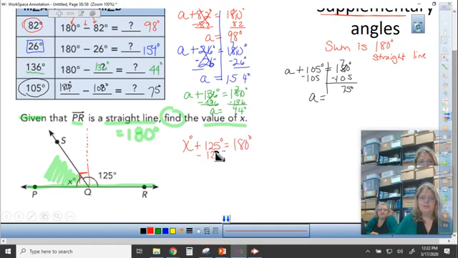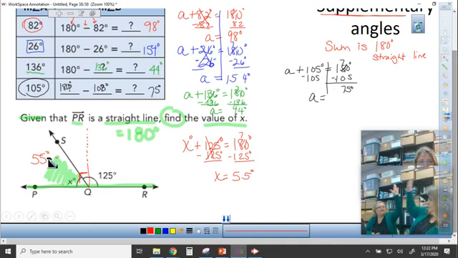I subtract 125 from both sides, and when I do that, I end up with 55 degrees. Mrs. Hinckley, you were correct. 55 is smaller than 90.